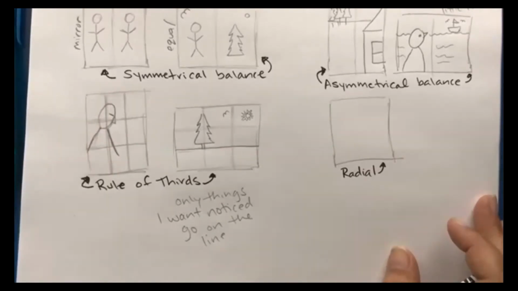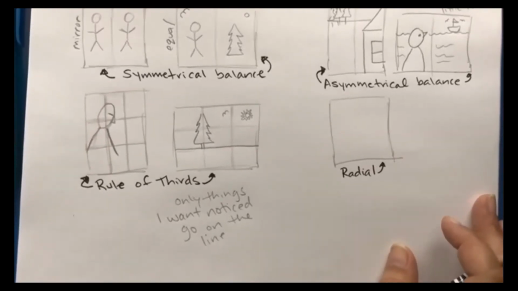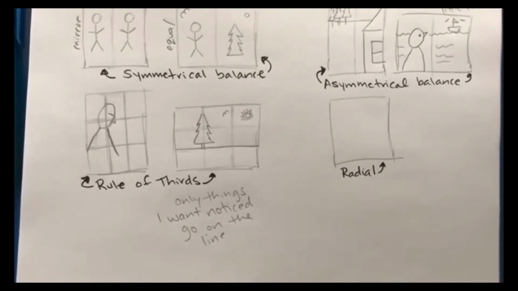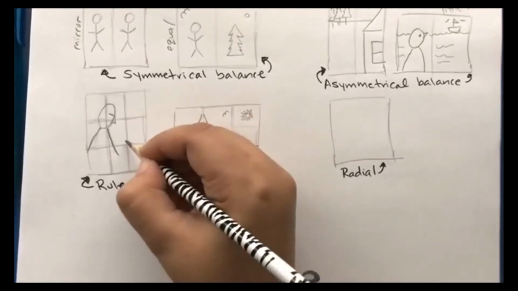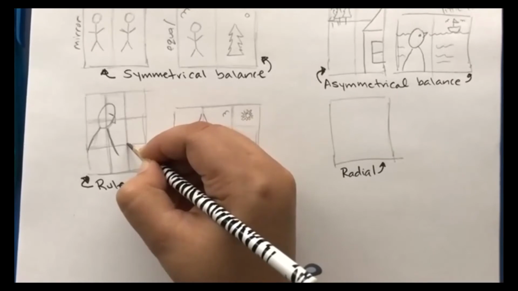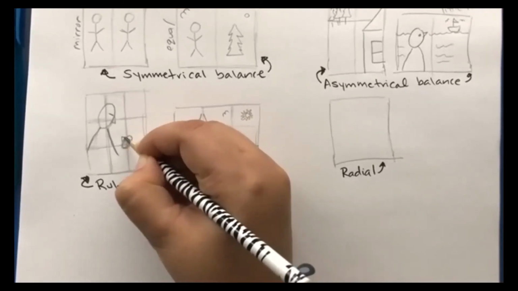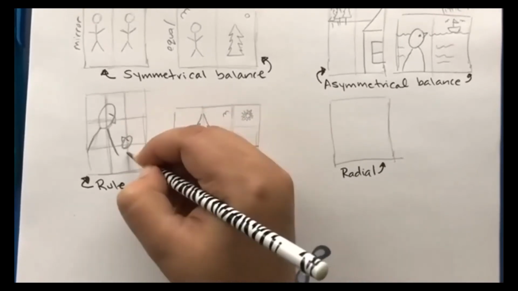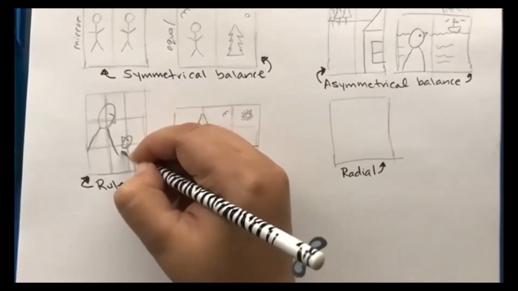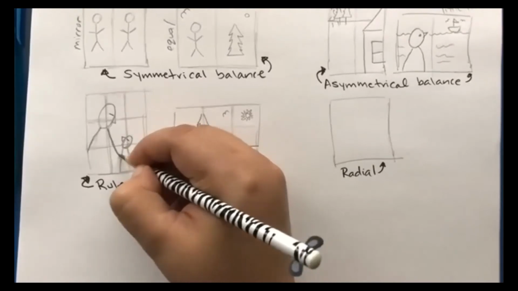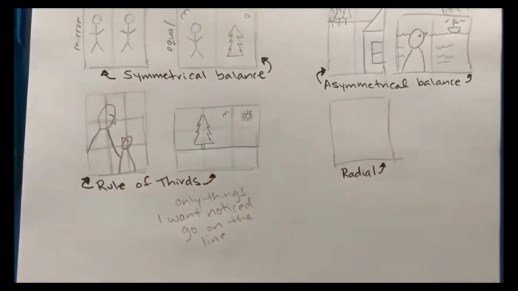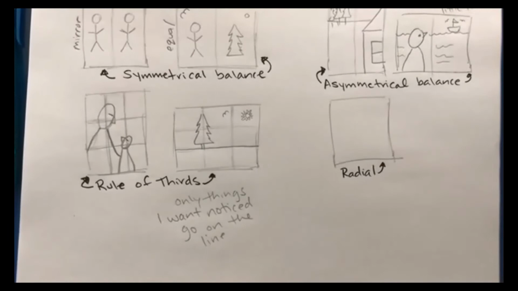So I know this person's going to be really important for us to pay attention to. And maybe they're looking down at a child. So on this line, because I want them to be in focus, I'm going to draw my child looking up at the grown-up. And that's rule of thirds because I have those two figures on the lines.